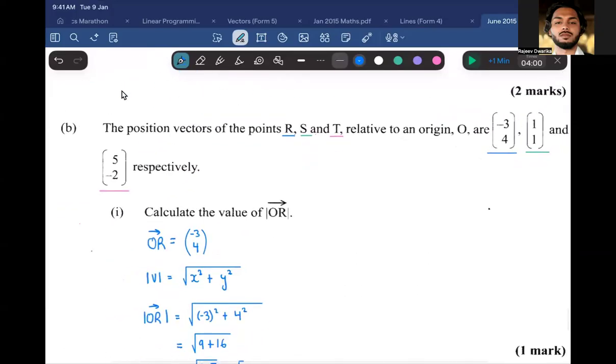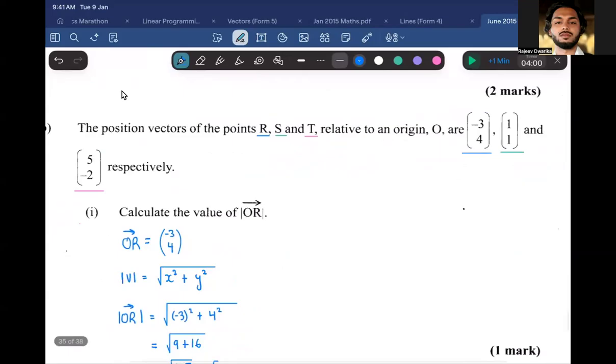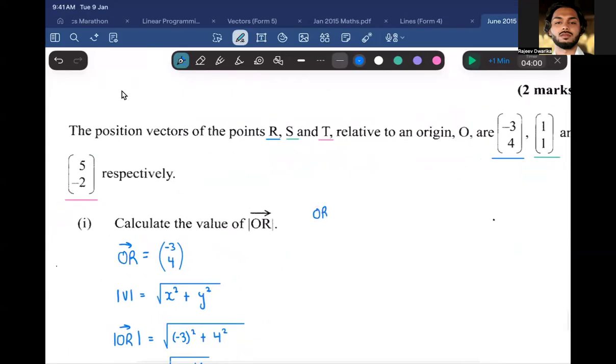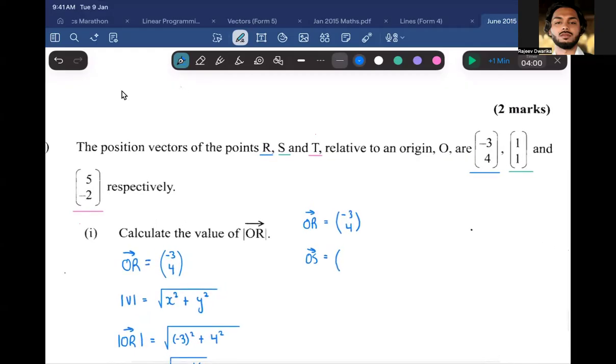So Ivan, let's continue with this question, but before I do that, let's just write down the vectors. Vector O to R, what was it? Negative 3, 4. What was vector O to S? It's given to us in the question.